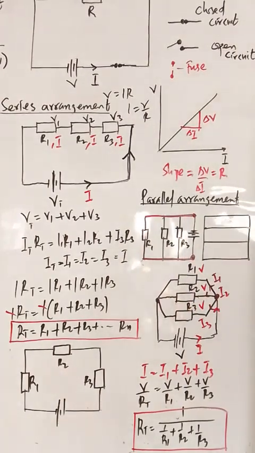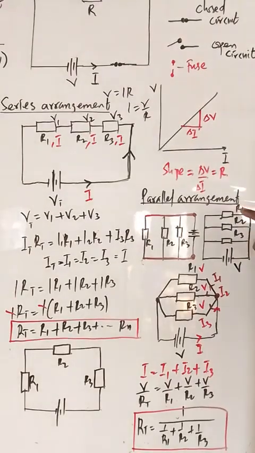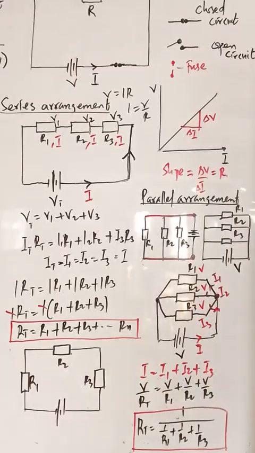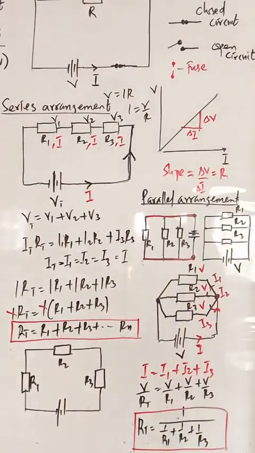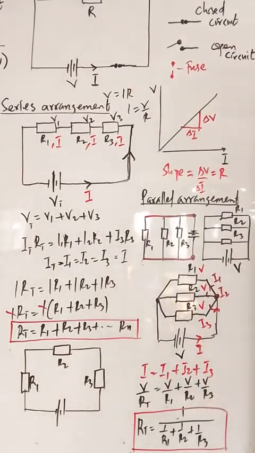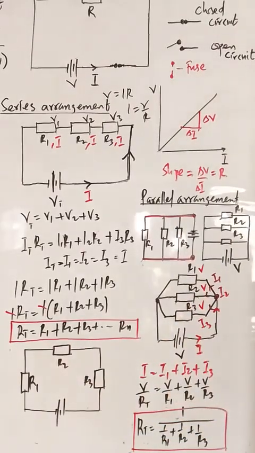Then it can also be drawn this way also. All these three are still in parallel. So it can look like this, or like this. For series, it can look like this or like this. And in some questions, they can combine both parallel and series arrangement. So you should be able to identify series from parallel. If you have series, you should know it's series. If you have parallel, you should know it is parallel.